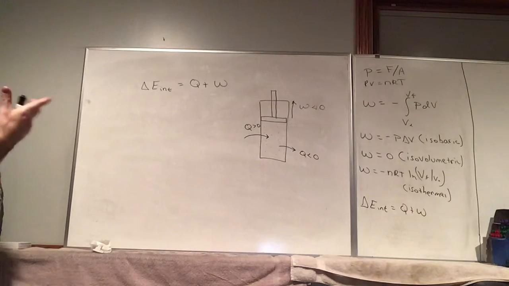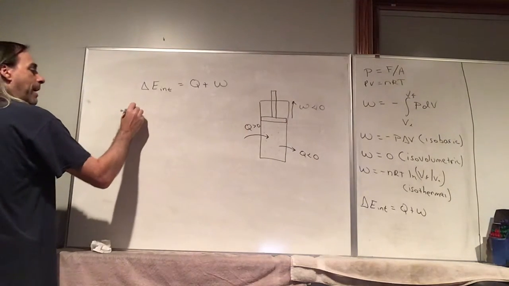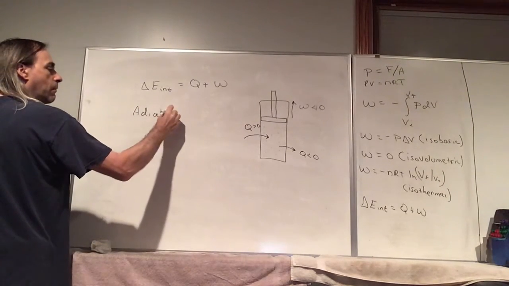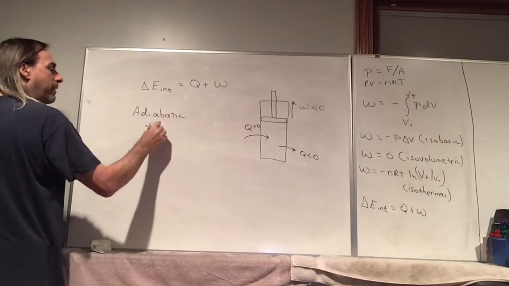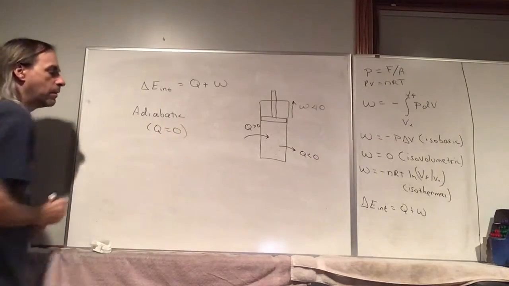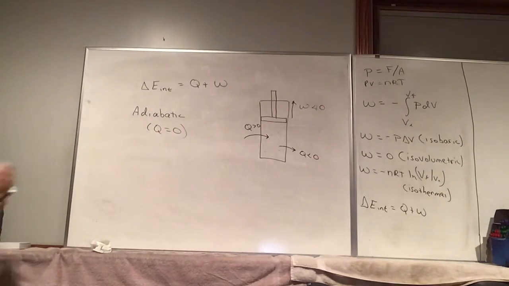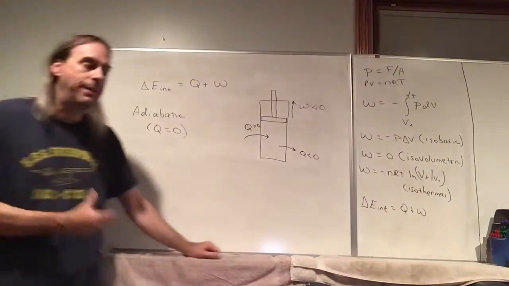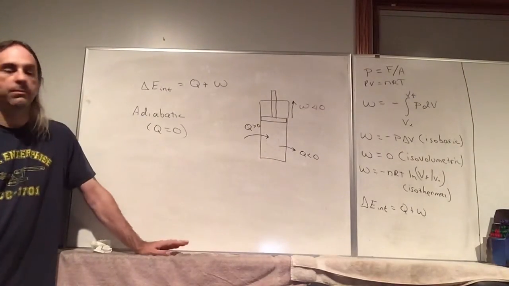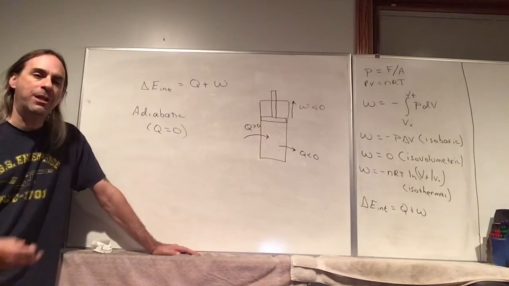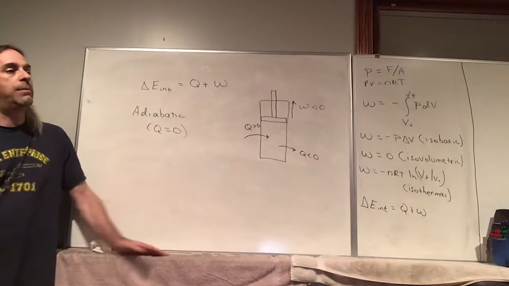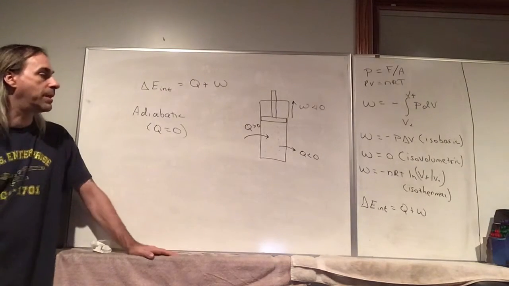Now, I mentioned there's one more process we want to consider, and that's called an adiabatic process. What that means is basically just Q is 0. That means a process occurs without heat flowing into the gas or out of the gas. One way that could happen is if something occurs very rapidly. Maybe there's just no time for heat to escape.